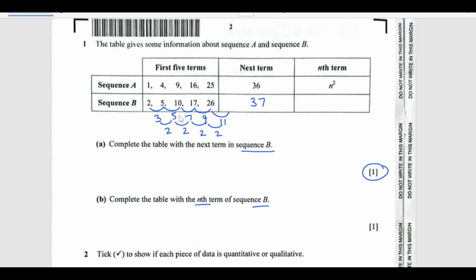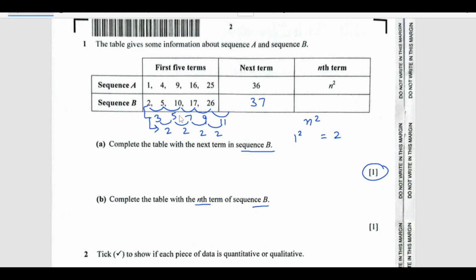So, after 2 steps we got the common difference the same. That means we will take n squared, and then we will see whether it is plus or minus. For the first term, n squared means 1 squared, but our answer is 2, right, this term is 2.